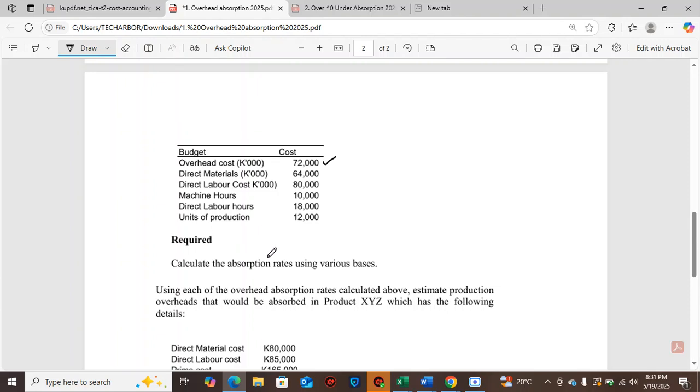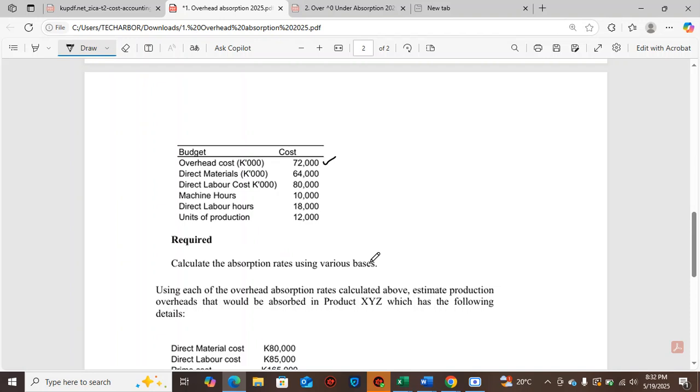We have to calculate the absorption rates using the various bases. Remember, this absorption rate is just your overhead cost per unit, colleagues, and it's included in the cost per unit so that you can charge the right amount.